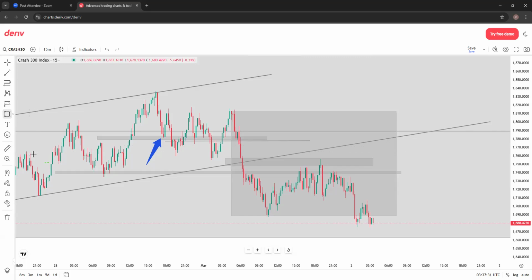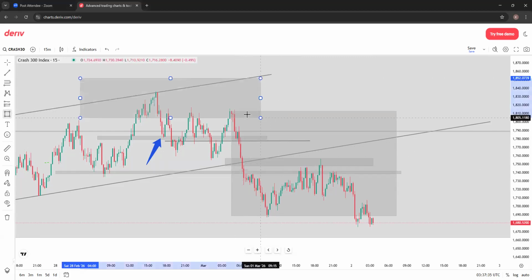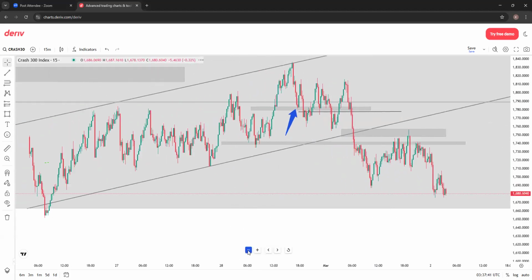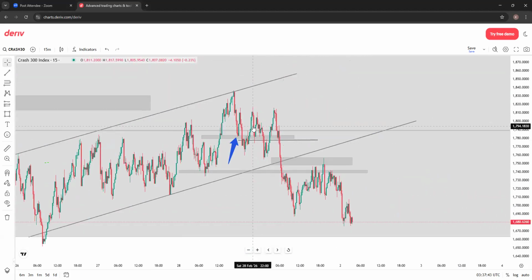Even when we try to look at the gap itself, let me delete this. What you're going to see is that when we sold based on the change of character, we never hit our SL. When we sold based on the breakout structure, we never came to hit our SL.